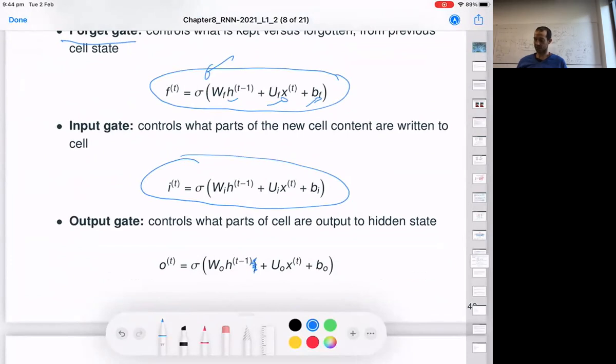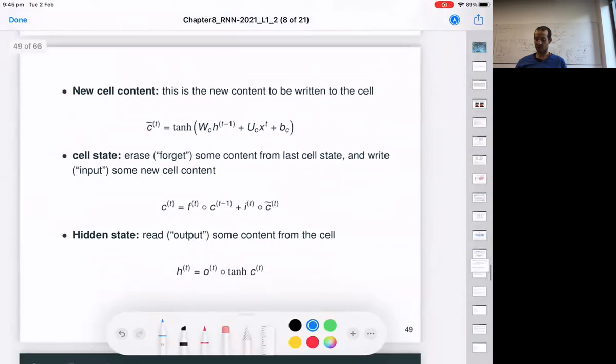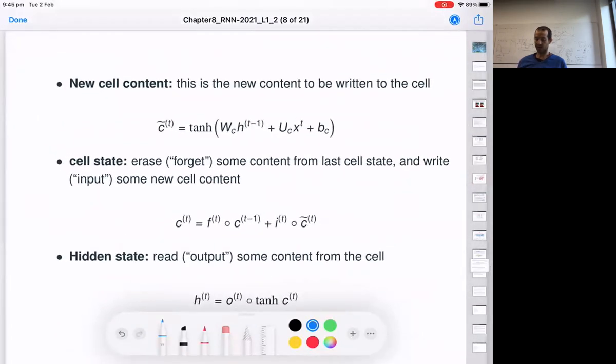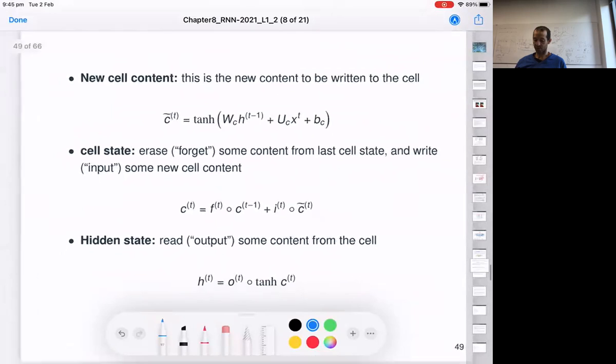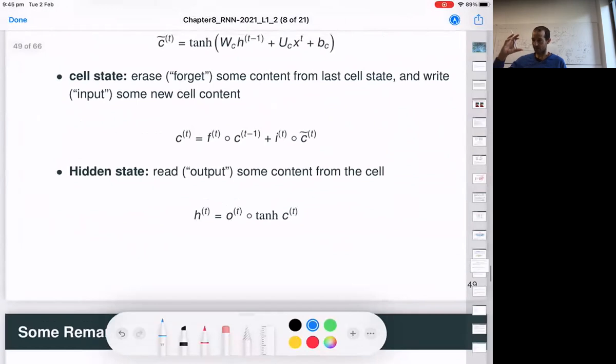This is a way to get the new hidden state and to flow the information. It's a little bit technical, but the main information is that the node is split into three gates. We can forget, keep some information, and predict some new information.